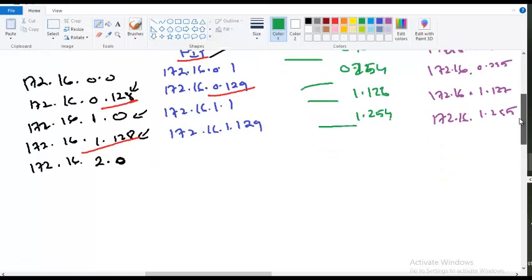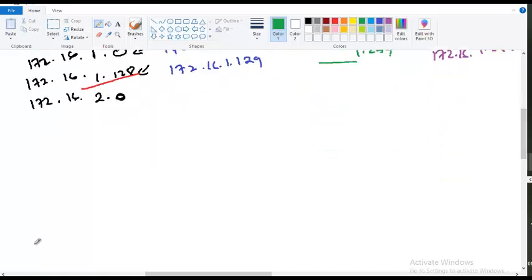Now let me go down. The unused one is 172.16.255.128. We don't use this. So I need to decrement by 128. So this is going to be the last, 172.16.255.0.